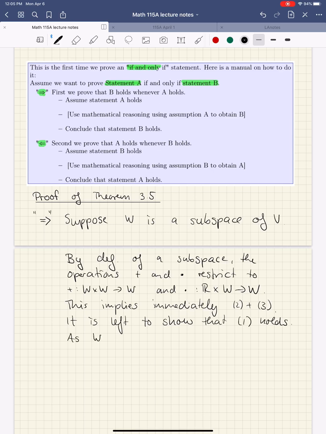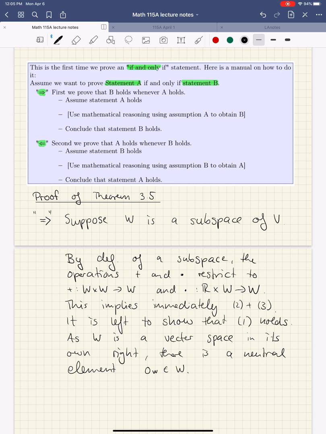As W is a subspace, it is a vector space in its own right, so there is a neutral element in W, which I denote by 0W.